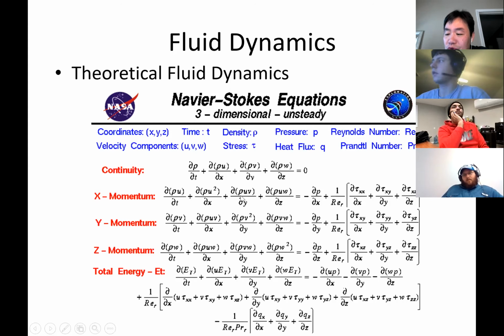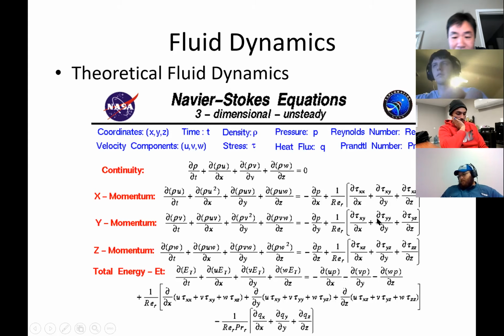So we use those solutions to solve practical problems. That's actually the goal for this undergraduate fluid mechanics class. For graduate level, we actually attempt to solve the Navier-Stokes equations. But for undergraduate, don't worry about solving it. We just use the solution. The solution for the differential equation is the equation, right?